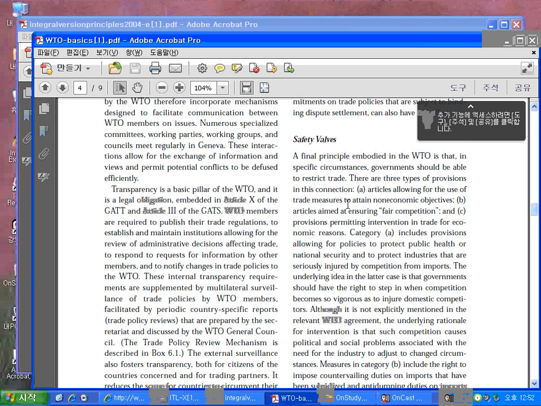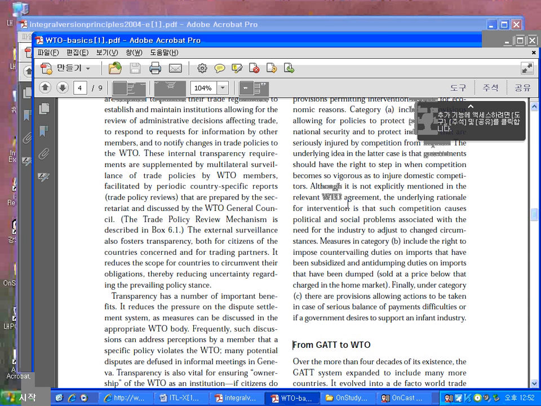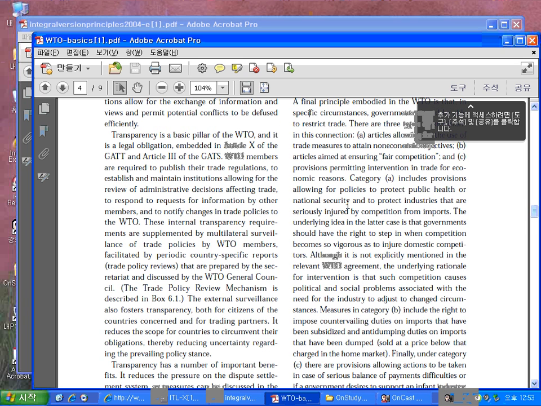So you can see it could be resonant with the classical theory of economics, for example, Ricardo's international division of labor, or Adam Smith's paradigm of a perfect market.